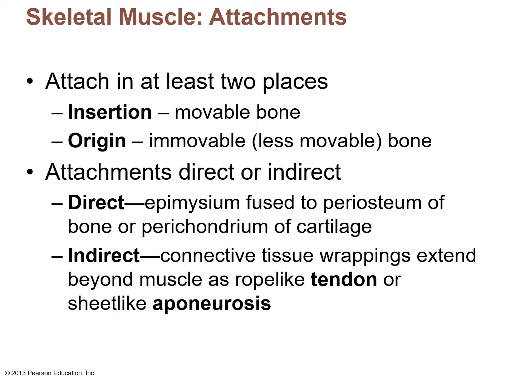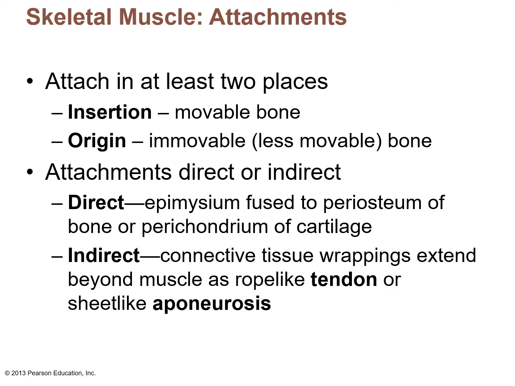So skeletal muscle attachments. Now, muscles attach in two places. The insertion is on the movable bone, and the origin is on the immovable or less movable bones. Now, there are types of attachments. The muscle can be directly attached to the bone itself by way of the epimysium fused directly onto the periosteum of the bone, or perichondrium of the cartilage.